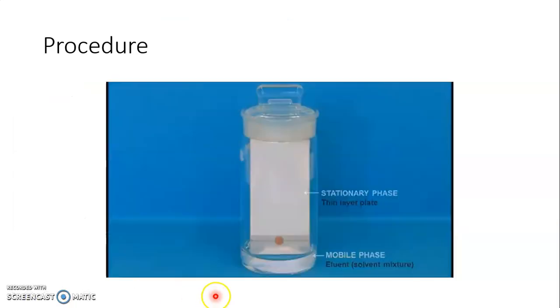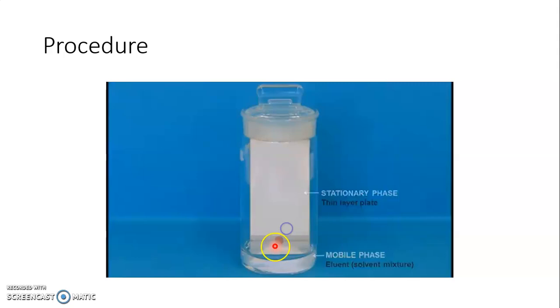Now we can visualize how this happens, that is, how we can have the assembly. This is the actual assembly, or a simple assembly, by which we can perform thin layer chromatography. This is actually a measuring jar. It is a very, very small assembly, a very small bottle, and inside this bottle we can have the separation process very effectively.